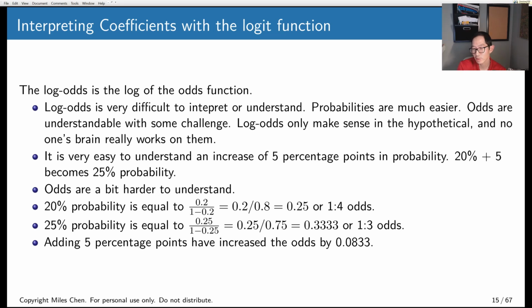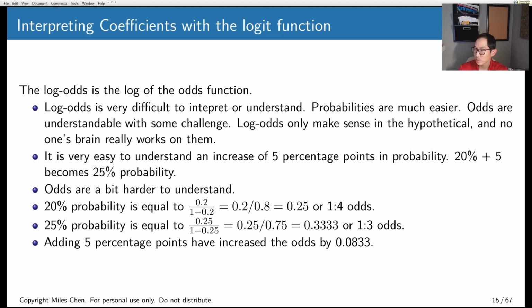So let's say the original probability of an event is 20%. That's like a 1 in 5 chance of something happening. Say you want to know the probability of something succeeding. Right now it's 20%, a 1 in 5 chance of succeeding.